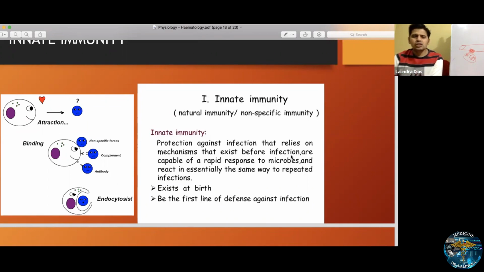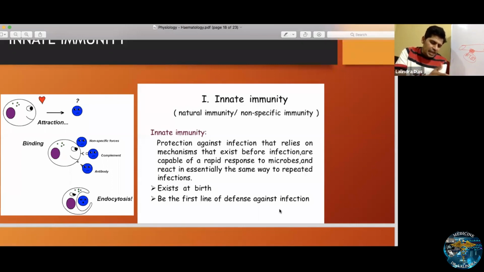So it exists at birth. I told you it starts from childhood days, exists at birth. And it is the first line of defense against infection. It's very true. The first line defense against infections is this innate immunity. So remember, very important points I stress there.